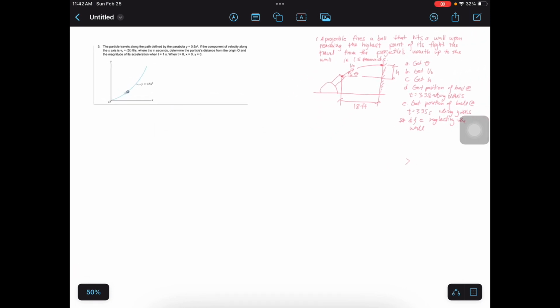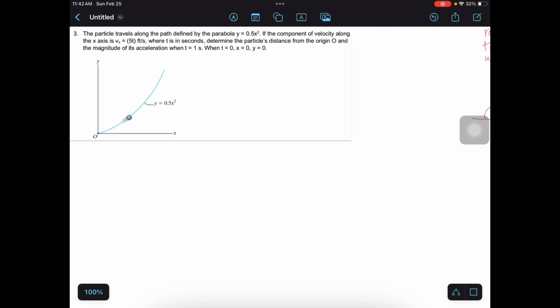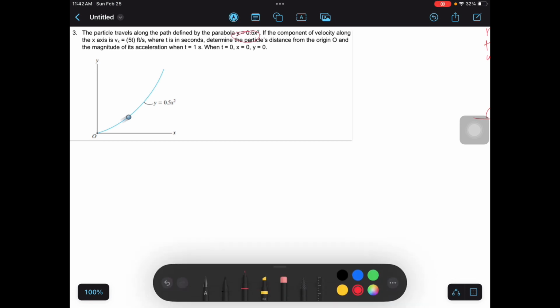So, number 3, in your quiz 1, I said it is similar to our example, right? So, the particle travels along the path defined by the parabola. This function, if the component of velocity along the x-axis is 5t, so it is also a function, where t is in seconds, determine the particle's distance from the origin O and the magnitude of its acceleration when t is equal to 1.